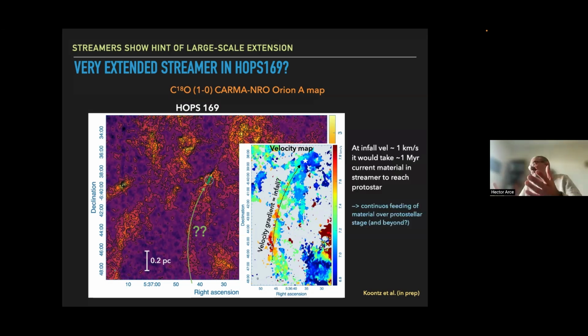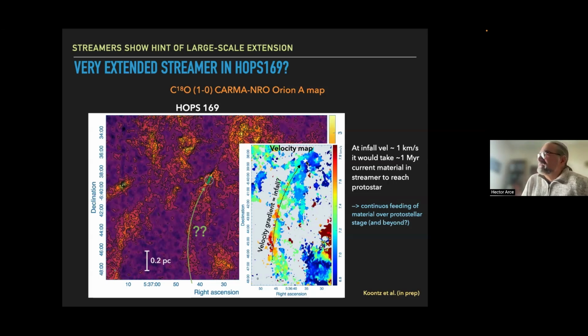And why is this important? If it is true, then that means that if you have material falling all the way from the end of the filament at 1 kilometer per second, which is an order of magnitude estimate, it would take about 1 million years to go from here to the protostar system. 500,000 to 1 million years is the time scale that it takes to go from protostar all the way to a pre-main sequence star.